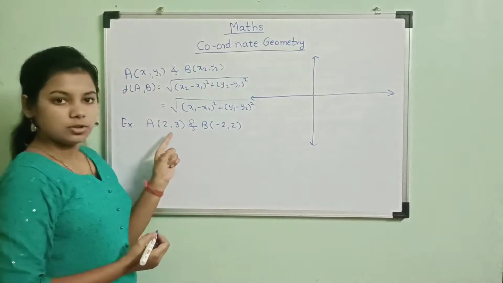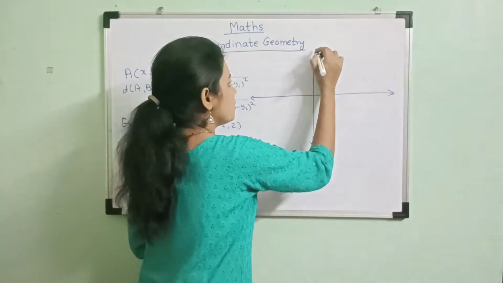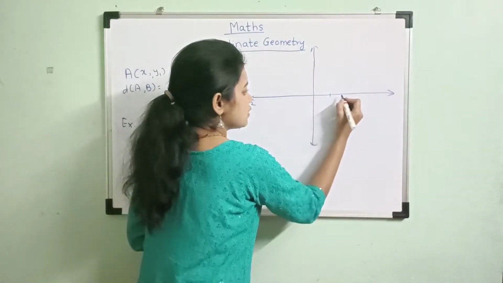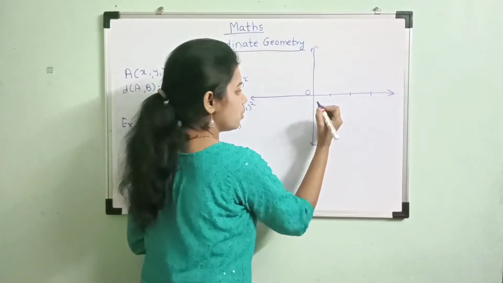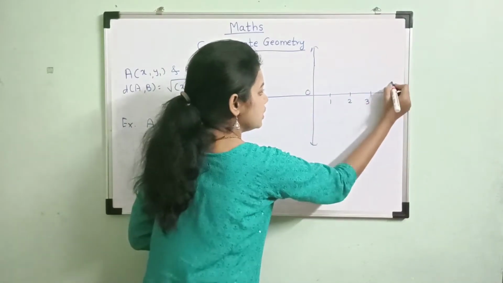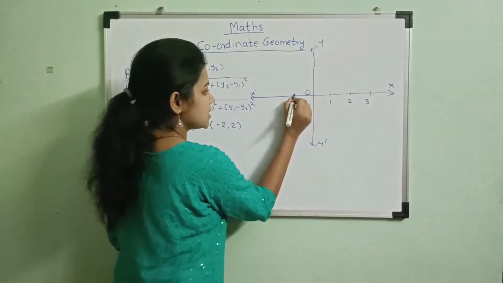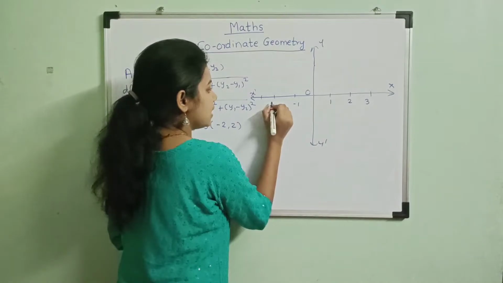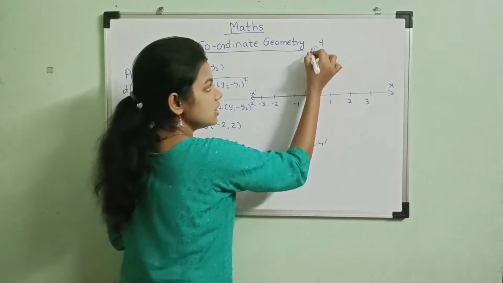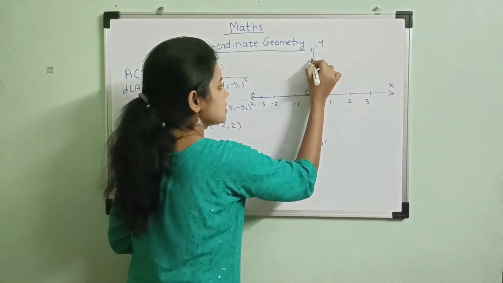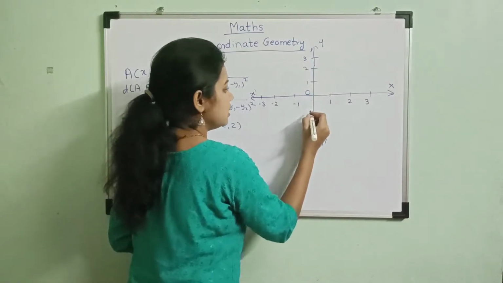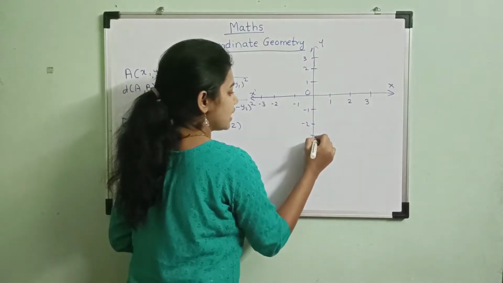This is the origin, 1, 2, 3, x, x dash, y and y dash. This is the negative x-axis, -1, -2, -3. This will be the positive y-axis, 1, 2, 3, and this is the negative y-axis.